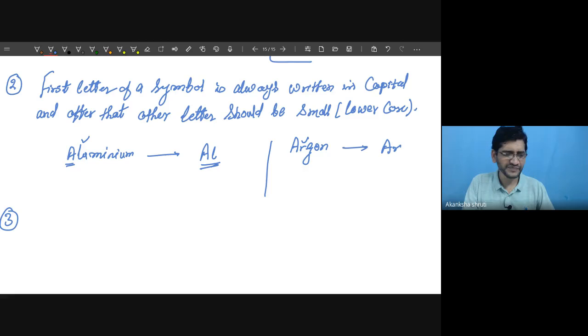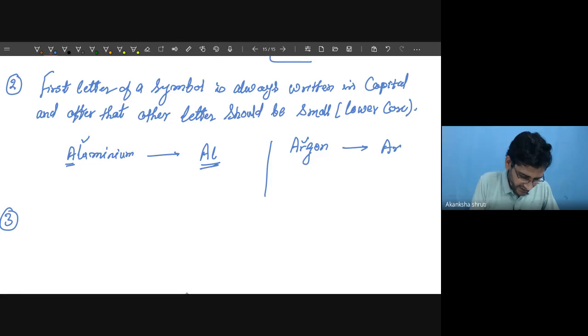Getting it? If more than one element has the same first alphabet, then succeeding that letter, another letter should also be taken. So the symbols of some elements are formed from the first letter of the name and a letter that appears in the name.